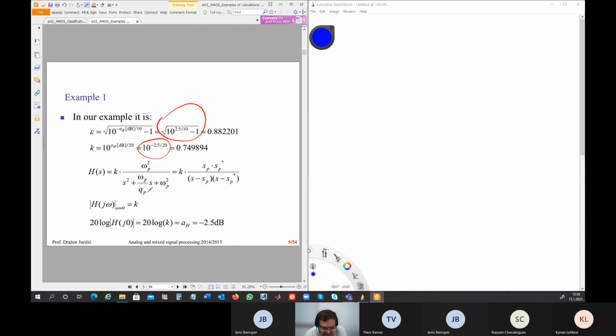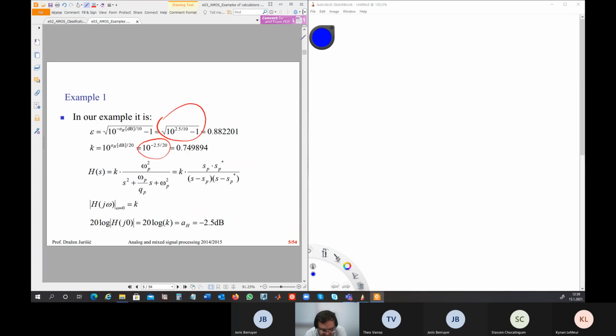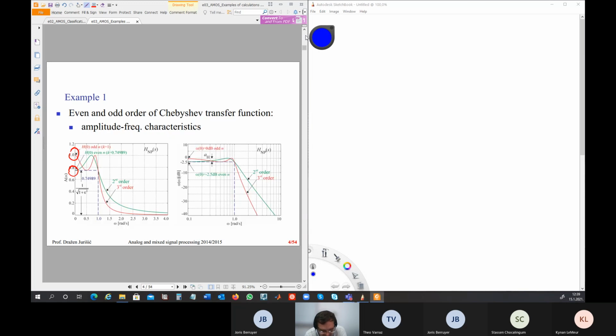So this is DC gain K. We know these equations from before. If you know this is second order, you know epsilon, which is obtained from here, or from here.